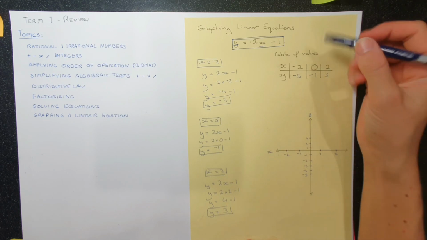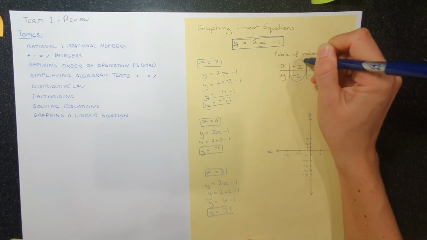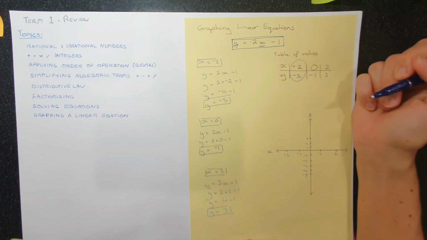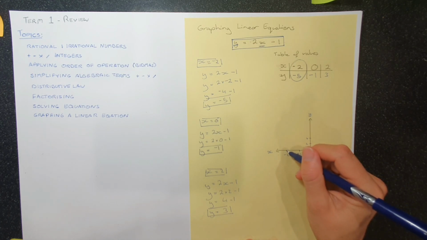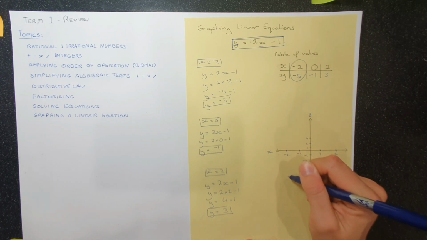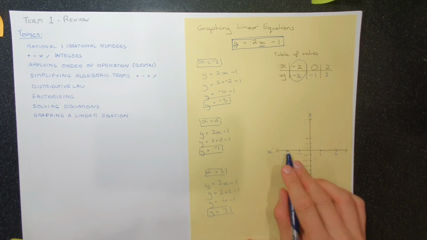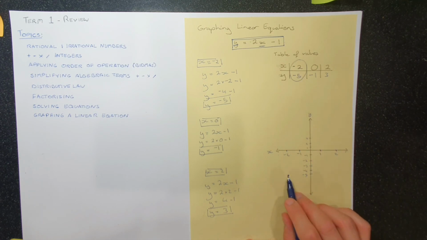So to put these points down, we have to go across the x-axis to negative 2, and then up or down the y-axis to negative 5. So we're going to go across to negative 2 and down to negative 5, because x is negative 2 and y is negative 5.